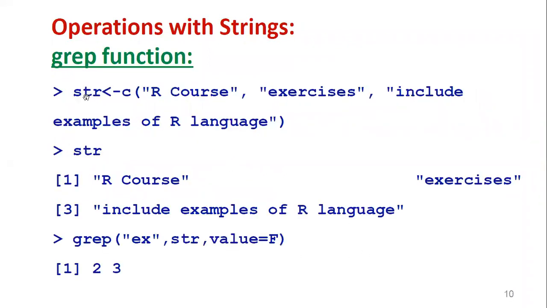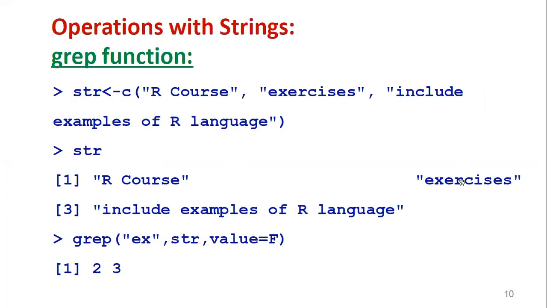In this case, it displays an integer vector of the index. Now you can see, same vector you can call. Now grep "ex" comma x, value equal to false. So value equal to false means now the matching string index, the position, will be displayed. The first string, "ex" is not there.